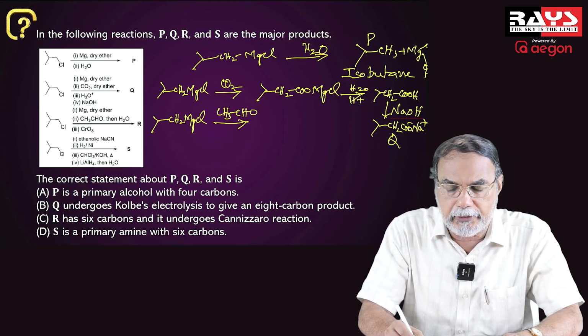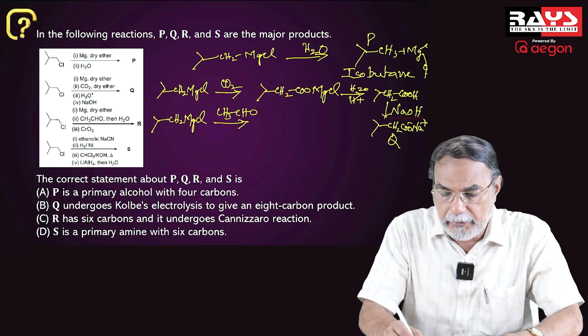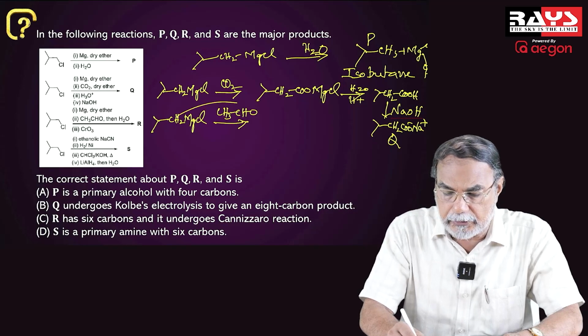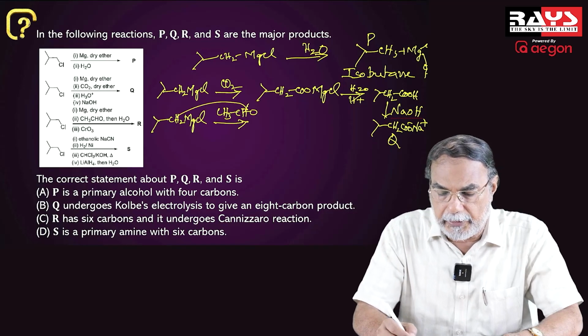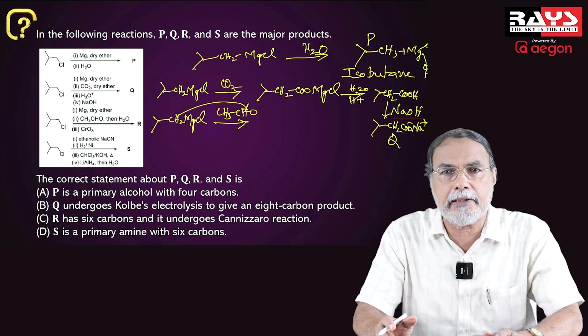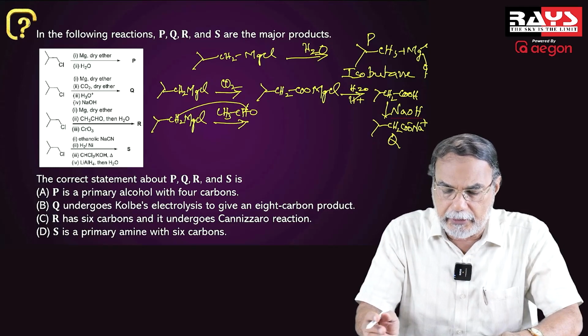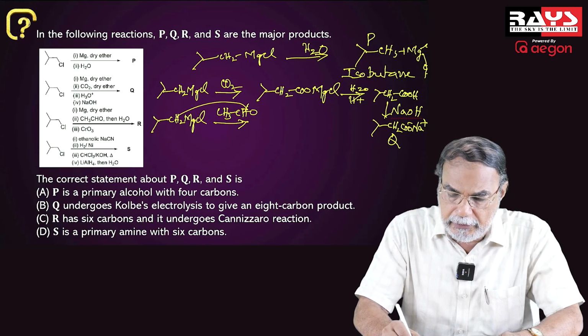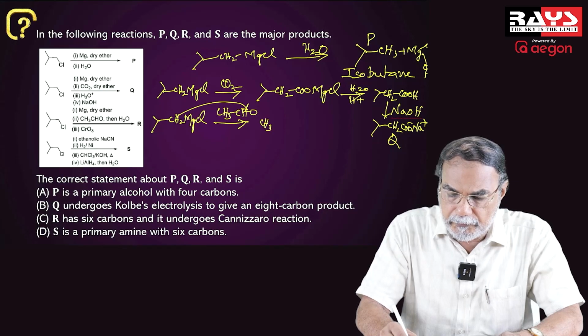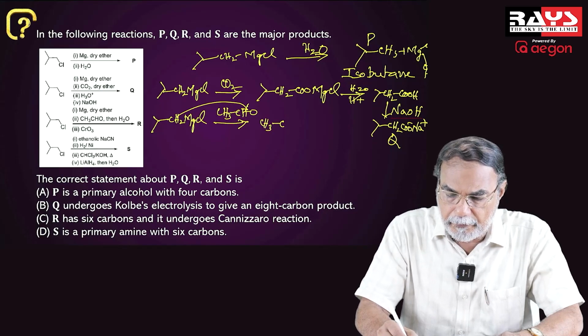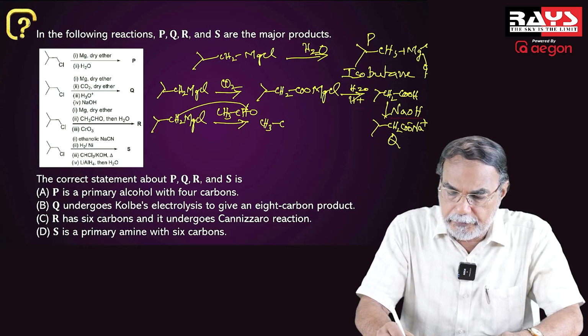Acetaldehyde has a carbonyl group, the aldehyde group, and the Grignard reagent is getting added to the carbonyl group. And you might have studied that the addition of Grignard reagent to an aldehyde other than formaldehyde gives a secondary alcohol.